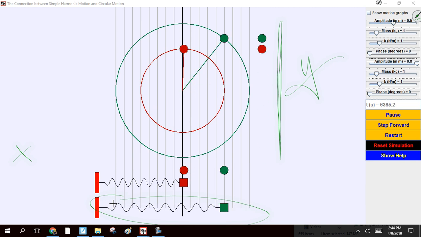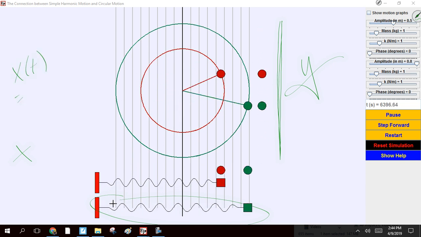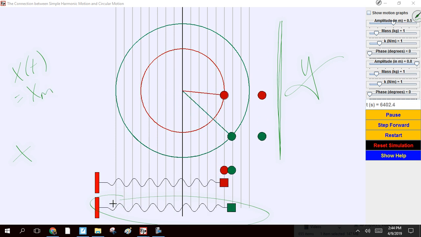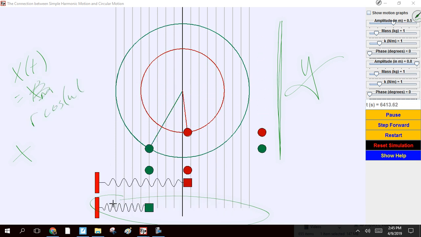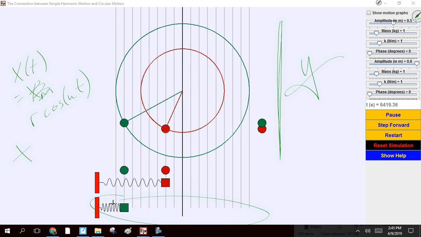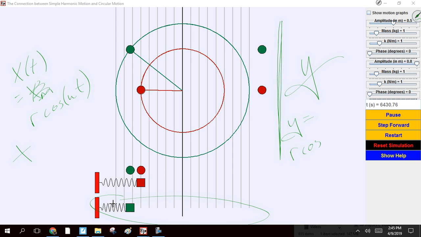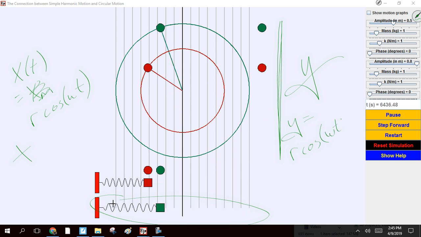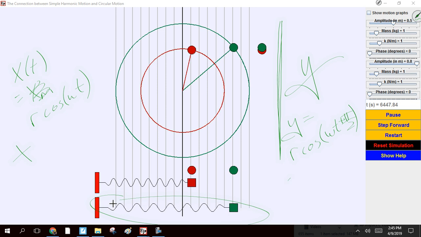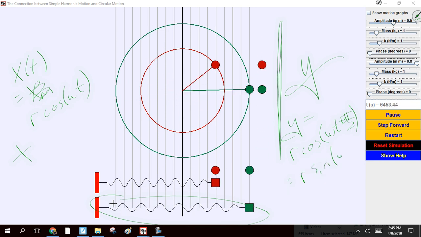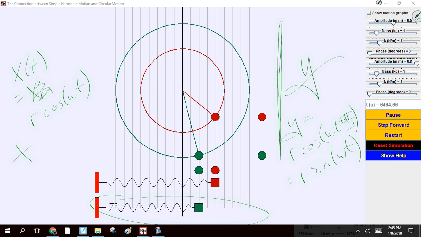So I would say my position at time t is x max, which is my radius, so let's just call it r cosine of omega t. And over here, my y value is just a shifting of that, so it's r times the cosine of omega t plus pi over 2, or you could just call it r times the sine of omega t. There you go.